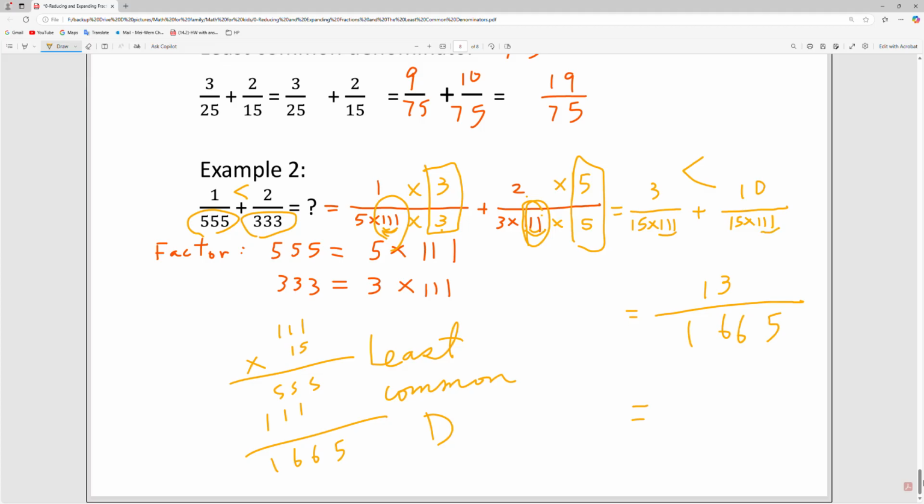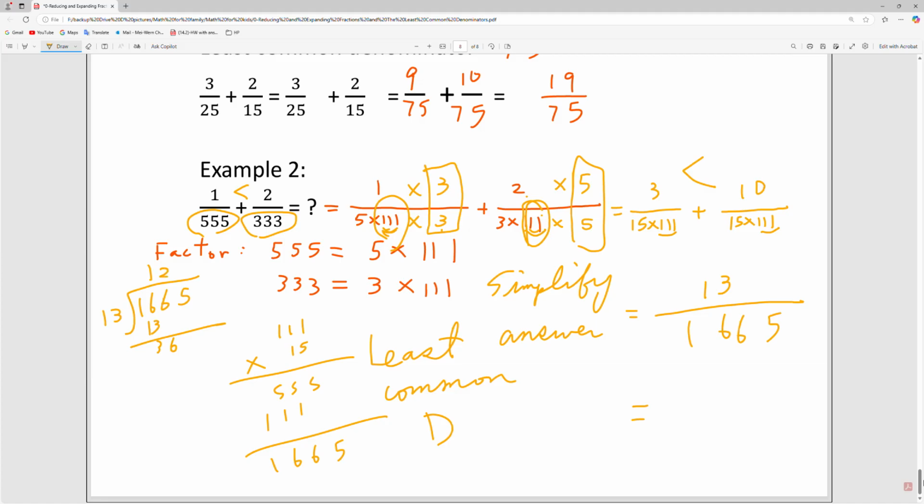But in the beginning of this video, I said you need to simplify your answer. Always. So do you believe you can simplify? Because 13 is just 13. You cannot factor 13. So I will try 1665 divided by 13 to see if I can simplify or not.